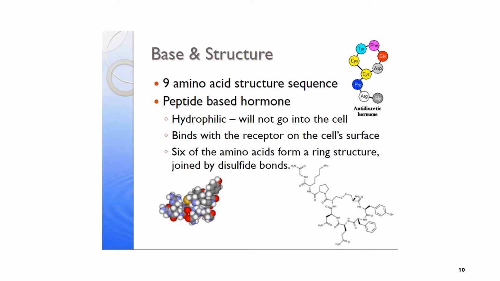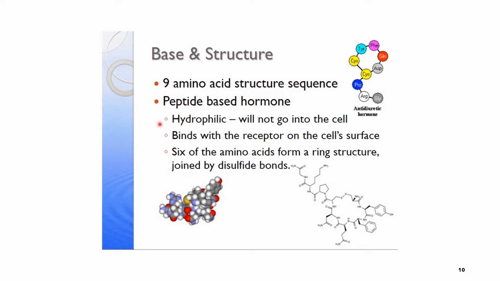When we examine the chemical structure of the antidiuretic hormone, it is composed of a 9 amino acid sequence. This is classified as a peptide-based hormone because it is composed of a short chain of amino acids.